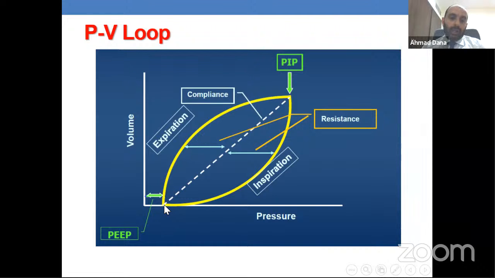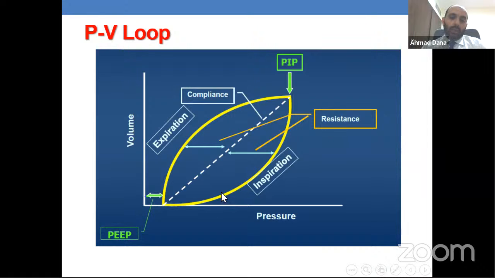So the loop starts as a pressure. It starts from the peak. You don't start from zero, you start from the peak. It will go up as you initiate the pressure until you open up. We call this the opening pressure, until the lungs start to open. Initially you give very high pressure to open the lung.